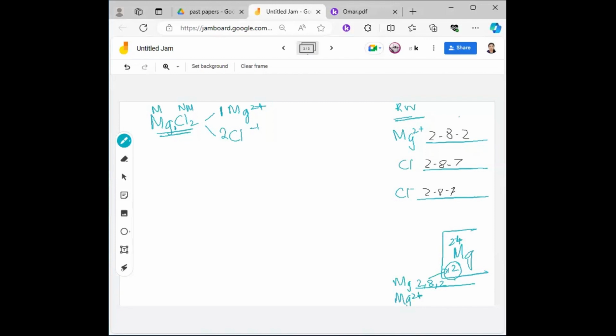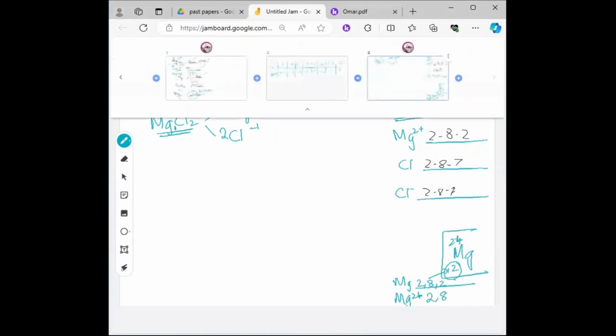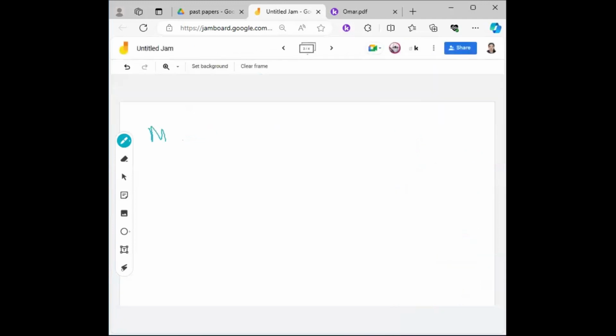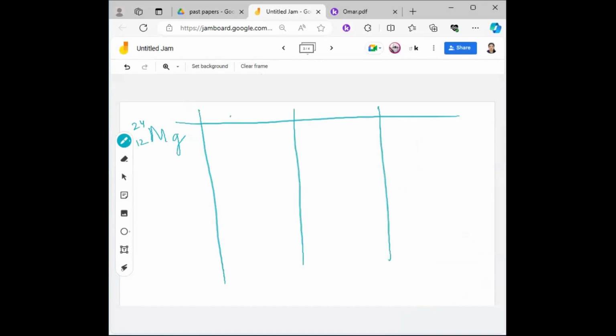That means here we will do minus 2. So it will become 2, 8. Before we even jump onto this one, I want to do a little activity with you. Let's say we have over here 24 and 12. Electron, proton, and neutron.